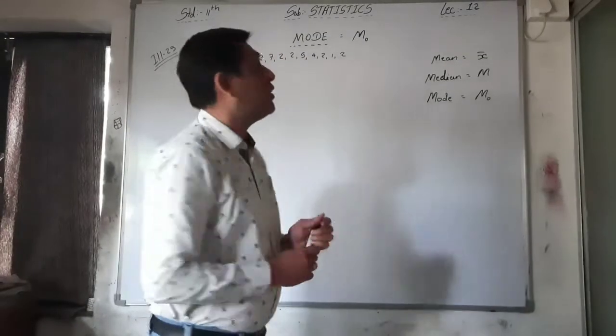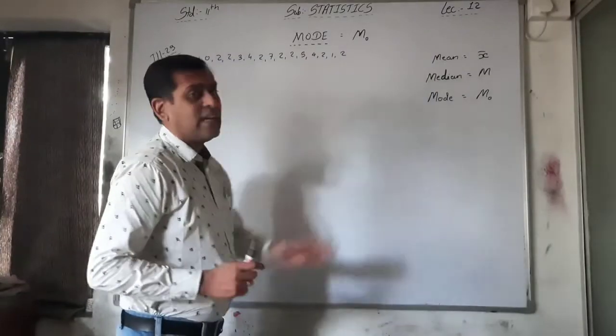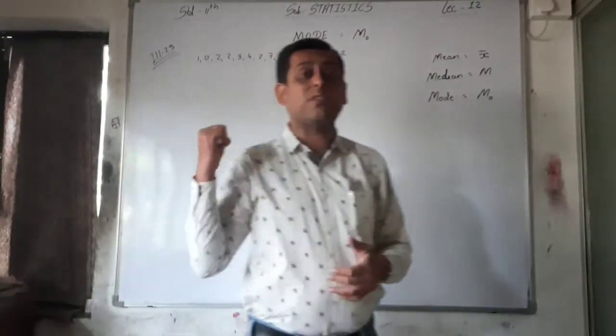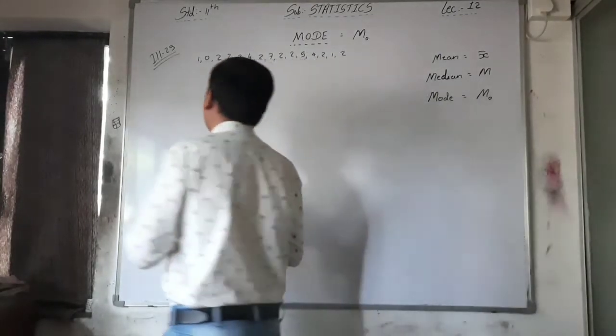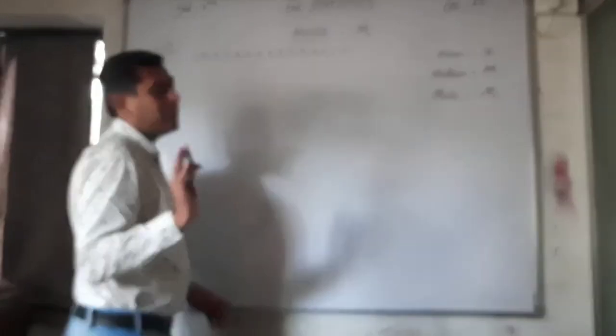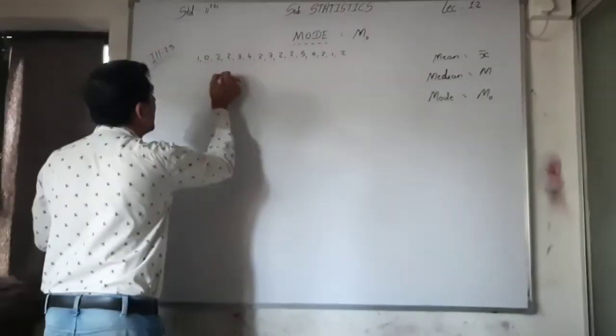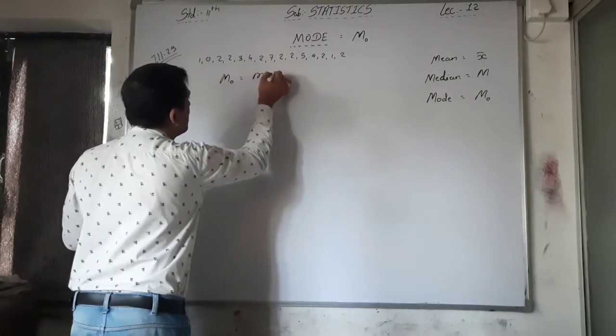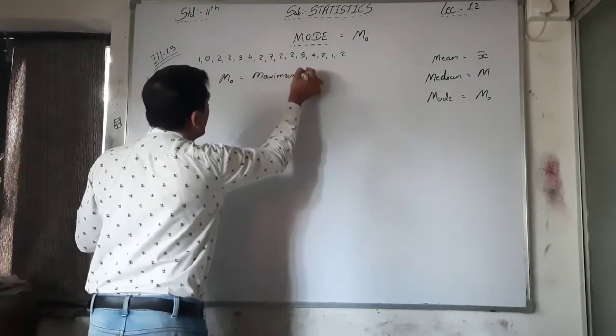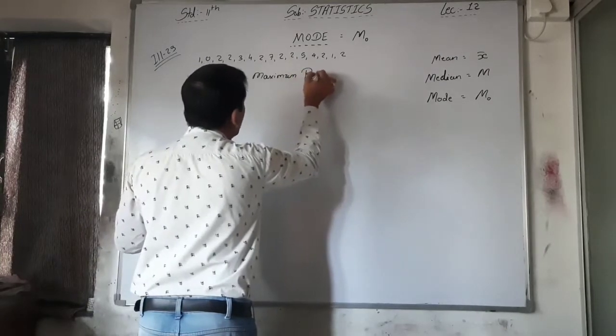We just have to see which observation is repeated the most, because it is ungrouped data, right? So you can easily say that 2 is the maximum repeated observation.